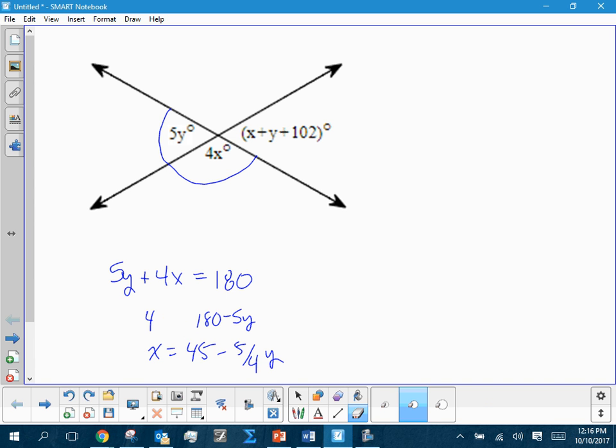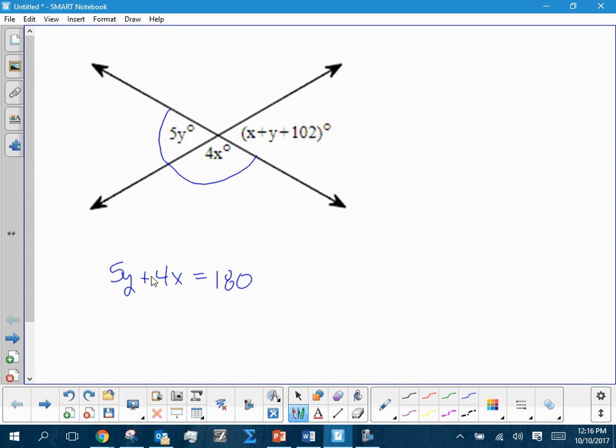So, and a lot of the problems that we do in this class, when we get an equation that has two variables in it, you end up needing a second relationship. Okay? So I'm going to look at my problem, and I'm going to look at those two angles. Okay? What's the relationship between those two angles? They're supplementary as well. Okay?